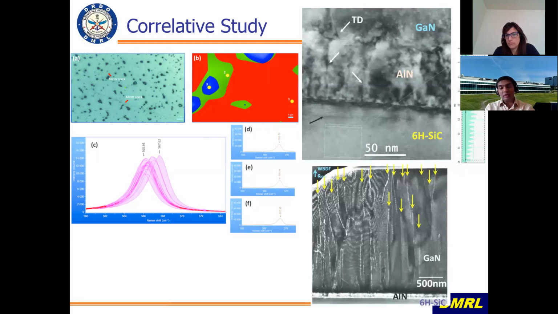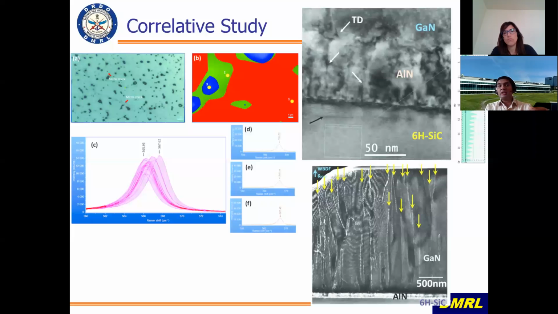We counted the number of dislocations and estimated the dislocation density from this technique, then from electron channeling contrast, even from AFM studies, and we correlated all of them to find that they are of similar orders and they match.